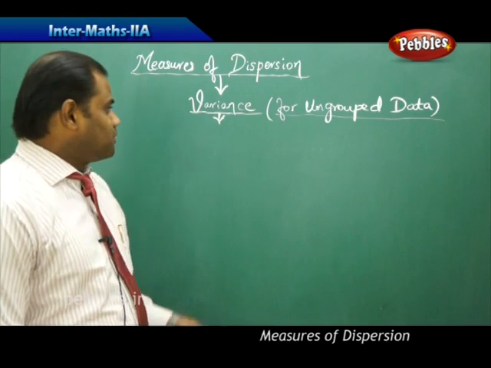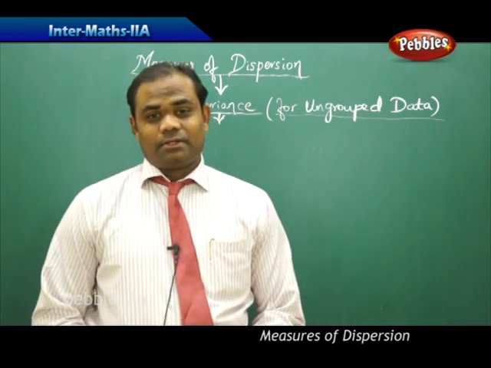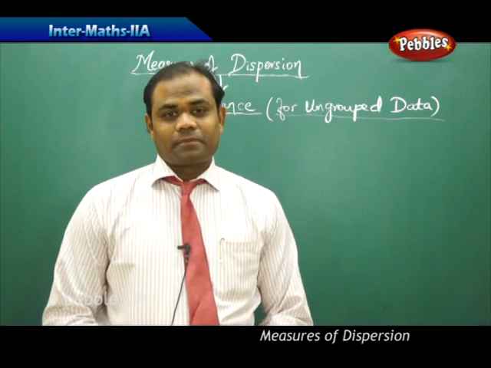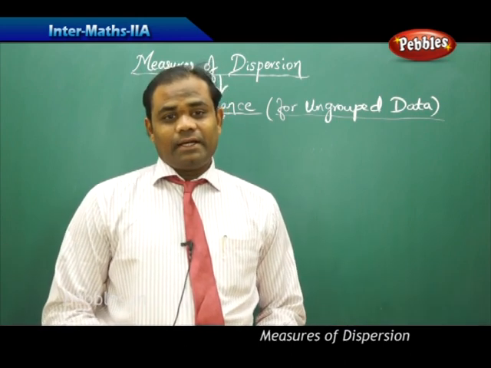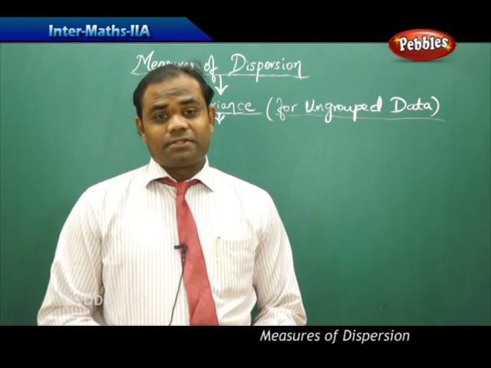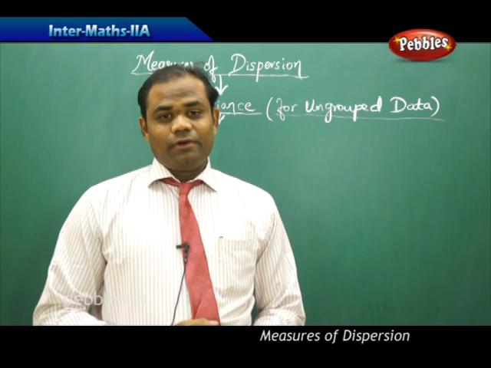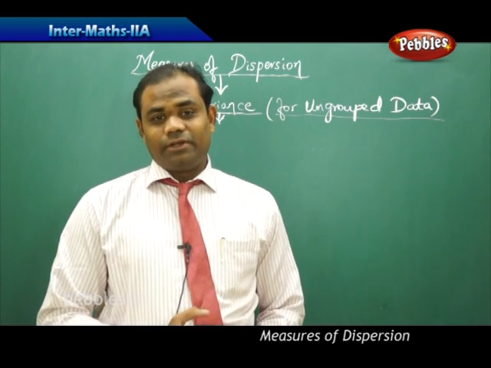Now the next measure of dispersion is variance. Now that we have discussed the limitations of the mean deviation, because mean deviation has deviations which may cancel with positive and negative signs, we are forced to take the absolute value of the deviations.